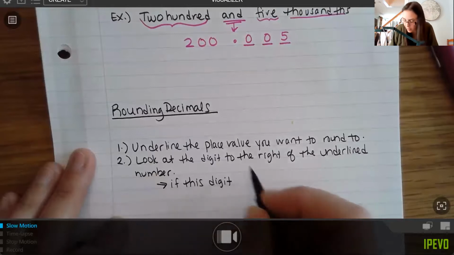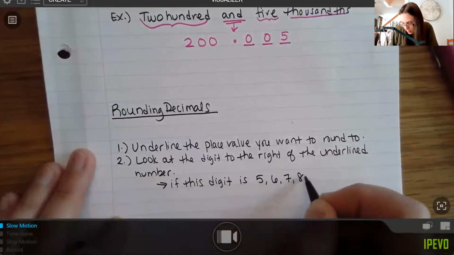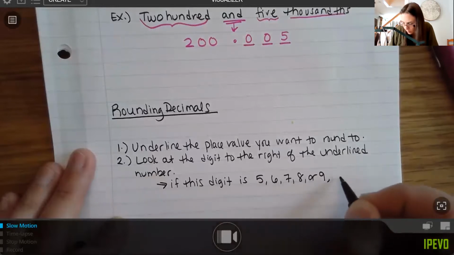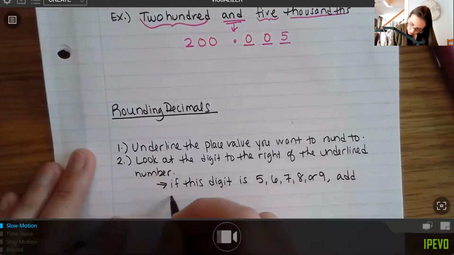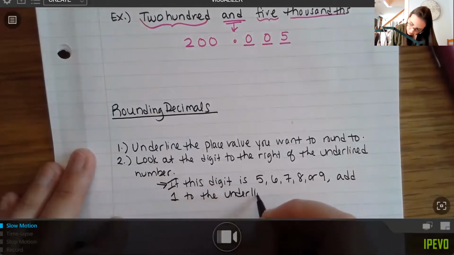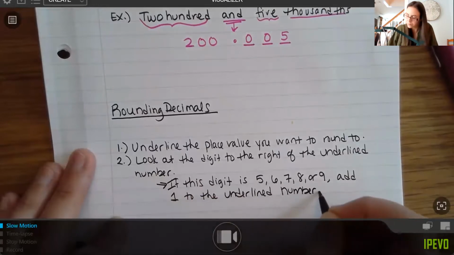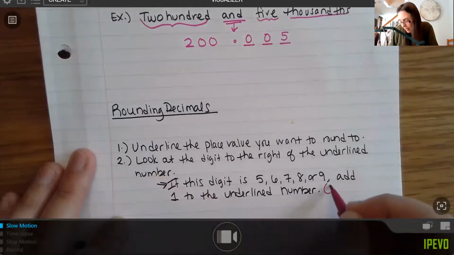If this digit is 5, 6, 7, 8, or 9, we're going to add 1 to the underlined number. And this is the idea of rounding up.